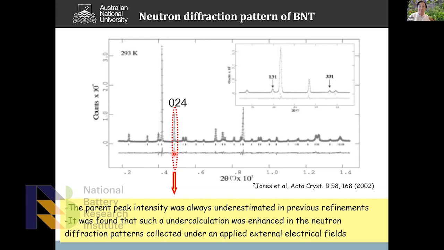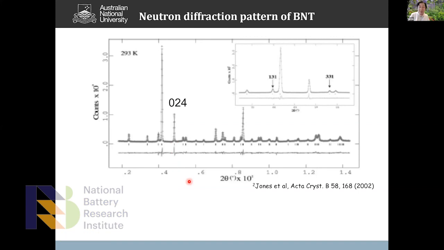So that means this peak is always underestimated in the structure refinement. Also interestingly, people index this one as 0 to 4, but based on the average structure, for this symmetry you shouldn't see this peak. That tells us something must be going wrong, or hasn't been revealed or uncovered, in these materials.